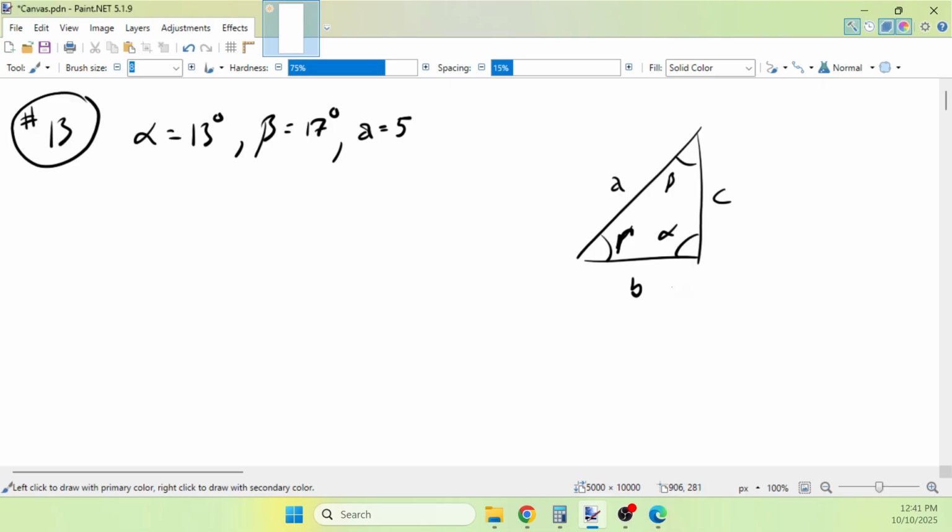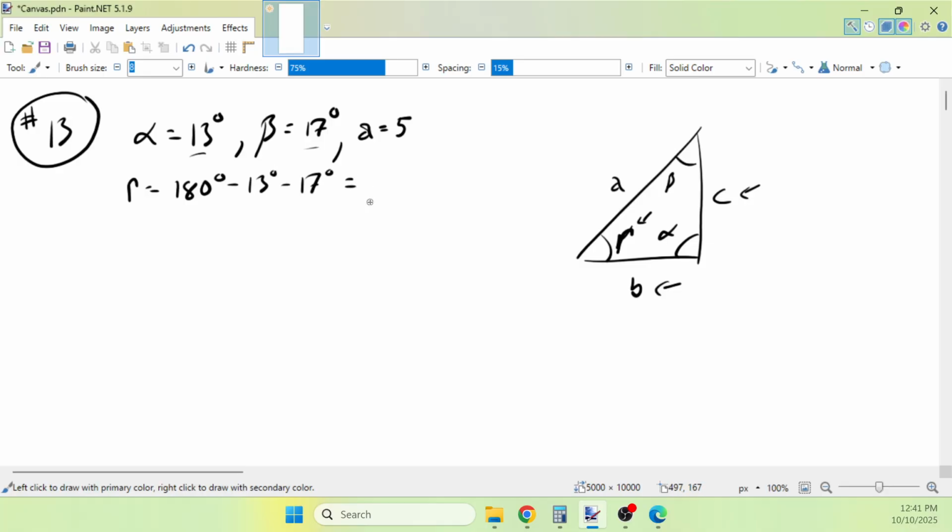So we need to find B, gamma, and C. I think the easiest one to find is going to be gamma because we know that the angles have to add up to 180: 180 minus 13 minus 17.